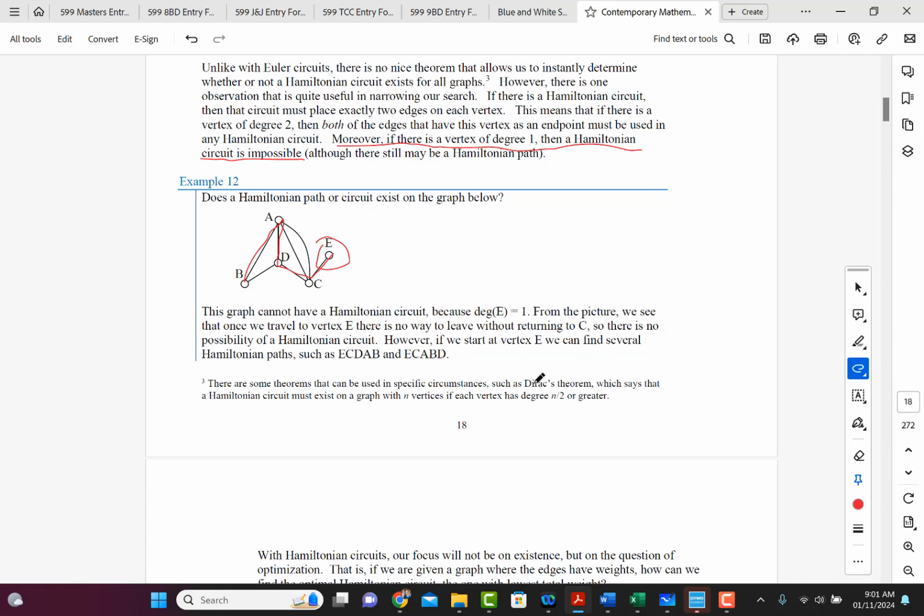From the picture, we see that once we travel to vertex E, there's no way to leave without returning to C, which is what I was saying. You're going to end up hitting C twice, regardless of what you decide to do. So there's no possibility of a Hamiltonian circuit. However, if we start with vertex E, we can find several Hamiltonian paths. I've named one up here, but we have a couple others too that we can use.